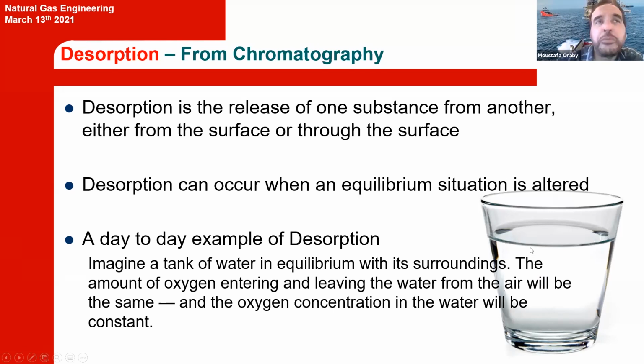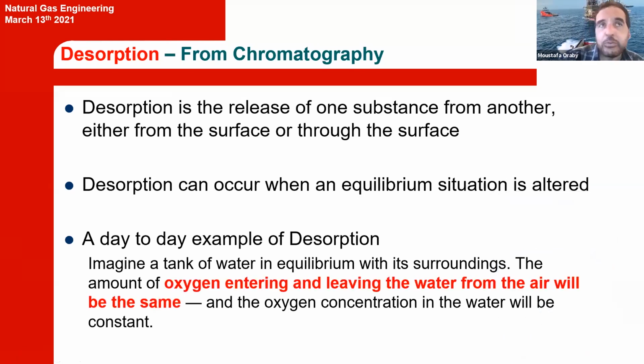Oxygen can get released from the surface of the water up, and the oxygen from the air can go down. That transfer between these two surfaces is what desorption is all about. That process happens every single day.